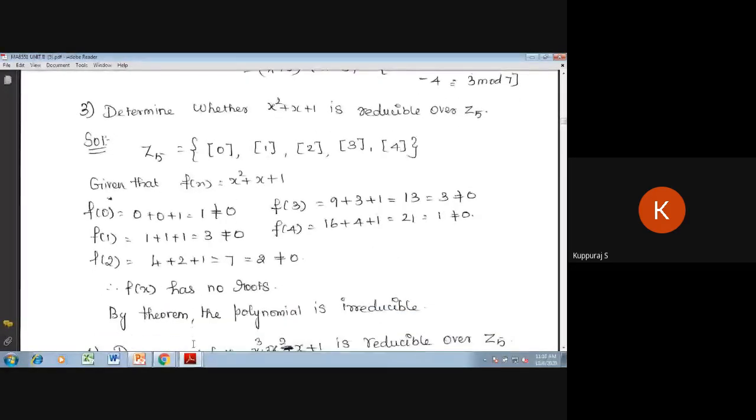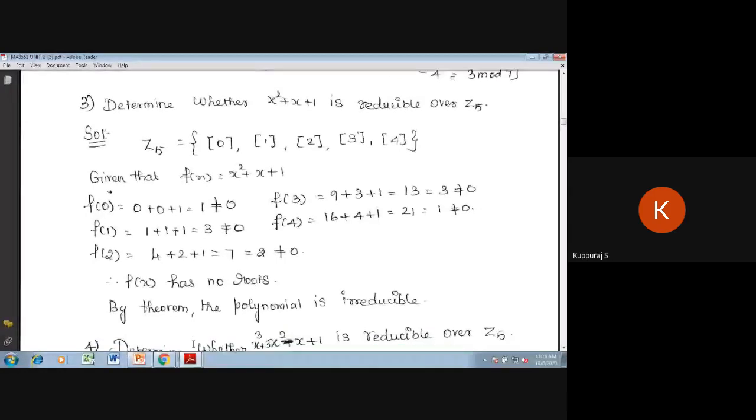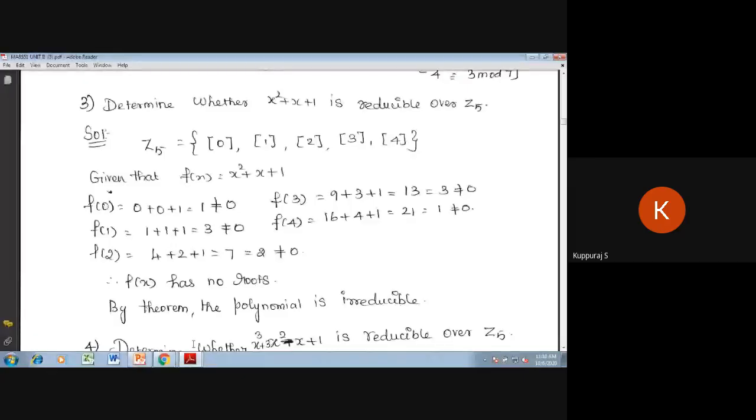So the next problem, determine whether x square plus x plus 1 is reducible over Z5. So the set Z5 contains the classes 0, 1, 2, 3, 4. Okay. Now putting x values, x from 0 to 4. So f of 0 is equal to 1, not equal to 0.